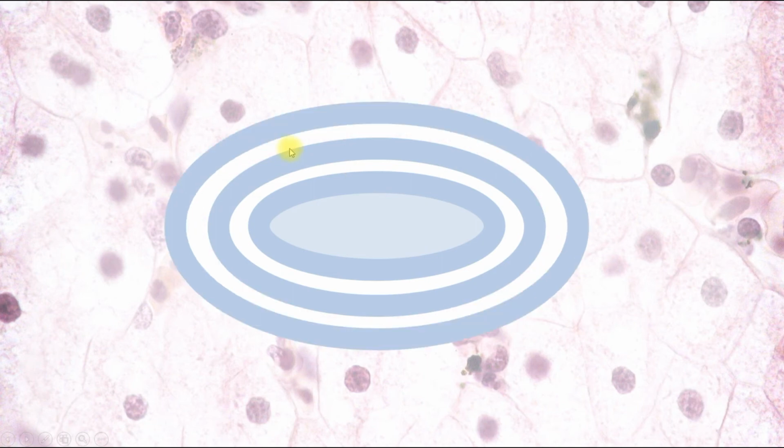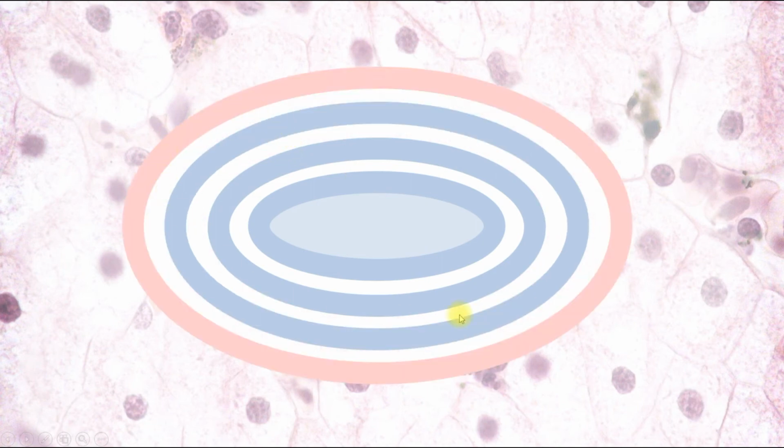So step by step they build lamella of the trabecula, and formation of trabecula begins from the central lamella, and step by step osteoblasts form new lamella, and that's why osteoblasts cover the bony trabecula.